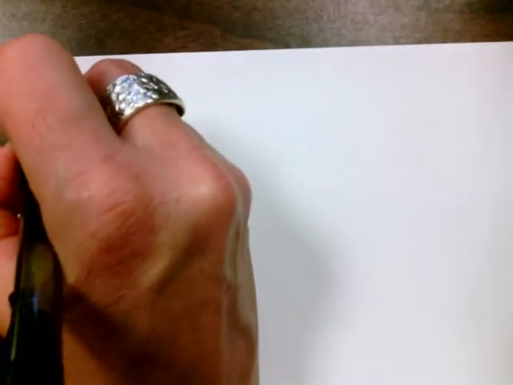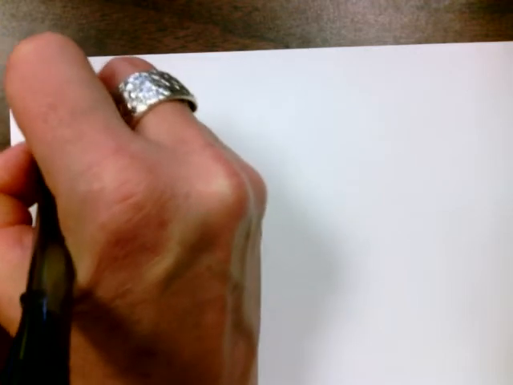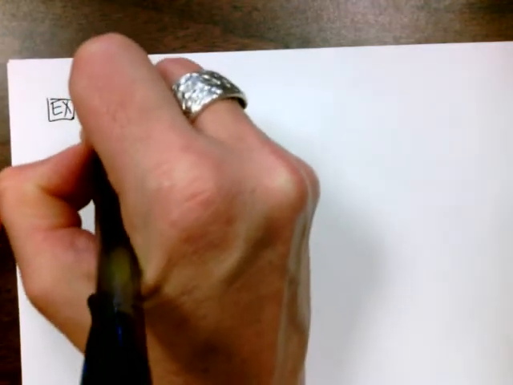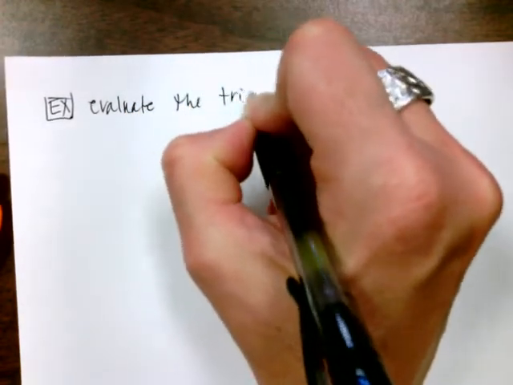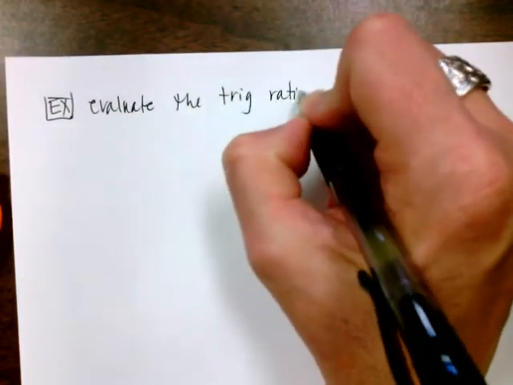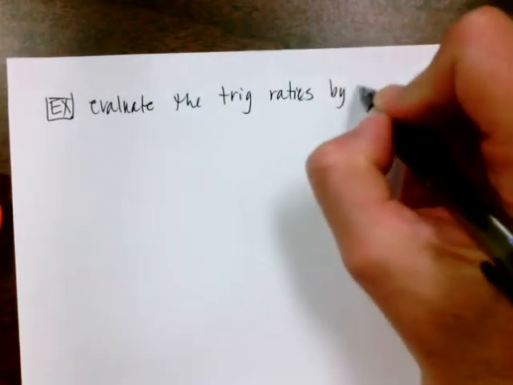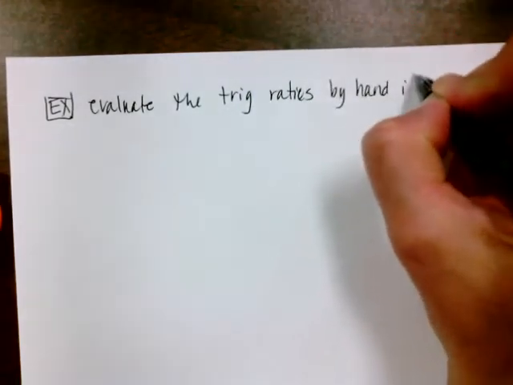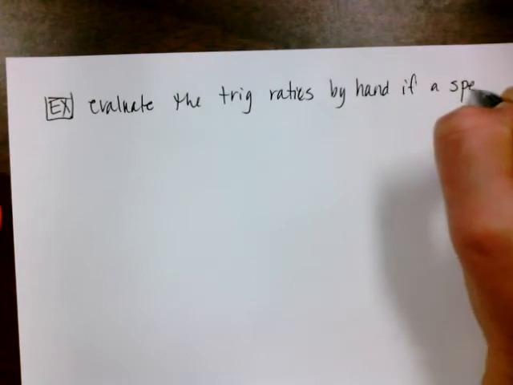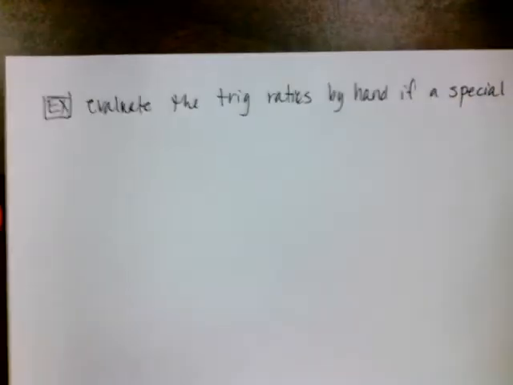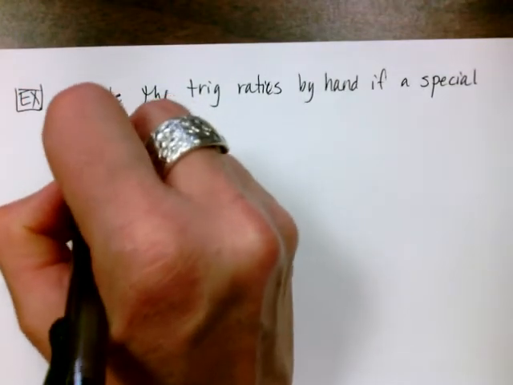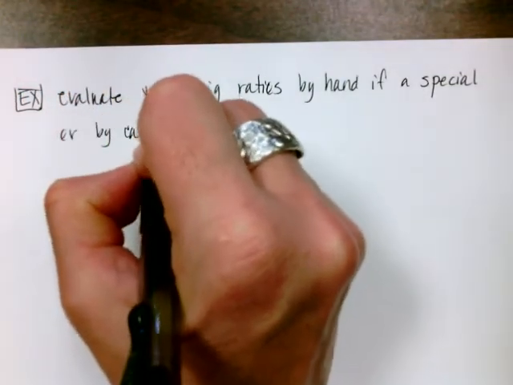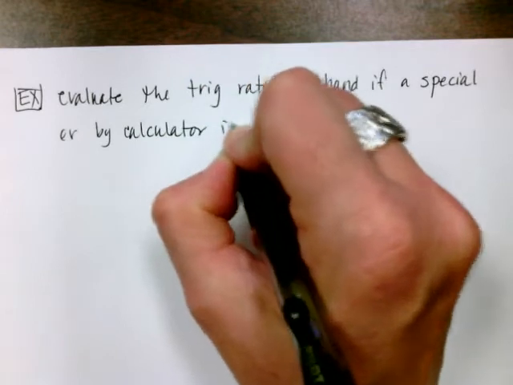So I want you to evaluate the trig ratios by hand if a special, and by special I mean is it a multiple of one of our special right triangles, or by calculator if not a special.